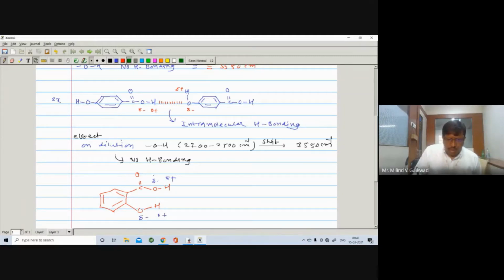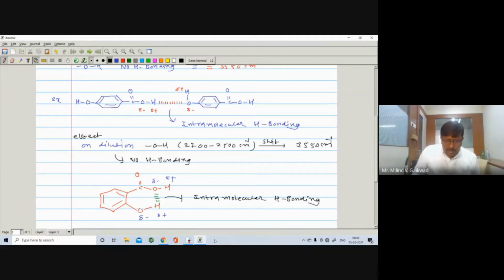There is a formation of such hydrogen bonding, and this hydrogen bonding is called intra. Intra means within a molecule. Intramolecular H bonding.